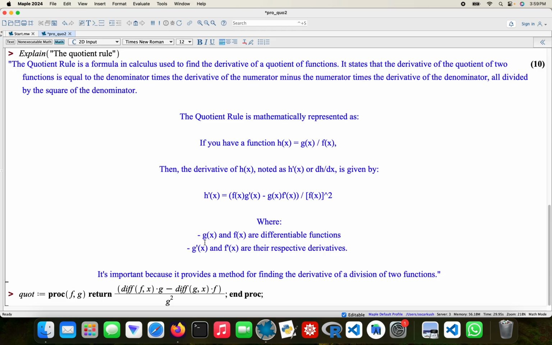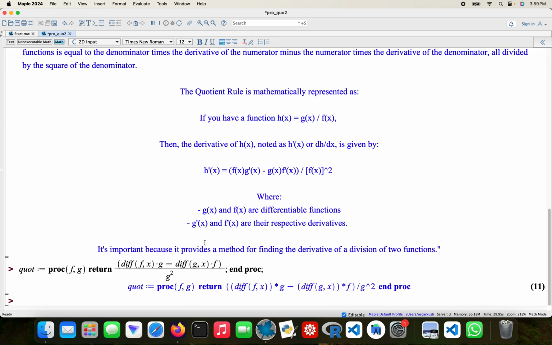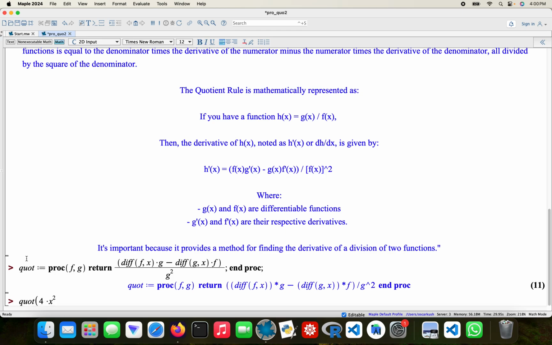Done it right. It's all good. I've got a few examples that I need to work with as well. So I type in quot again, for x squared and sine x. That's my f and that's my g.